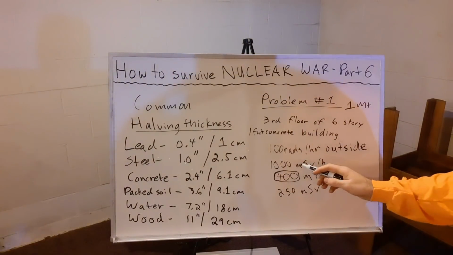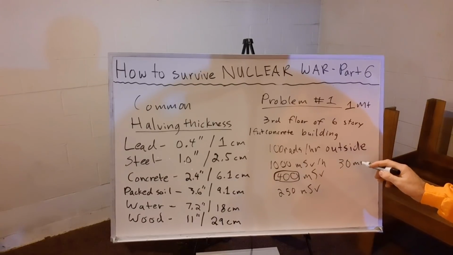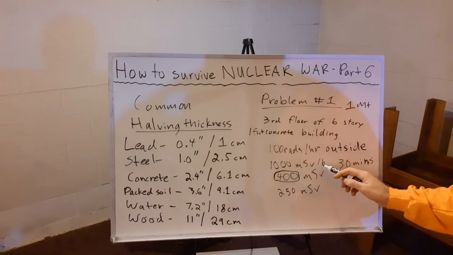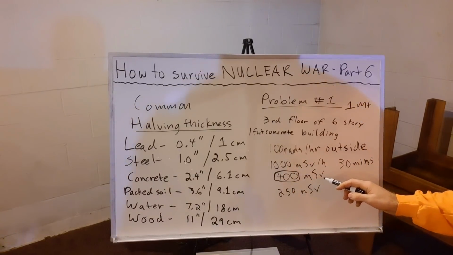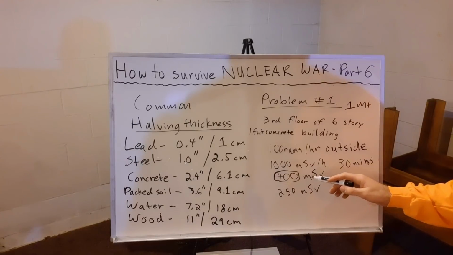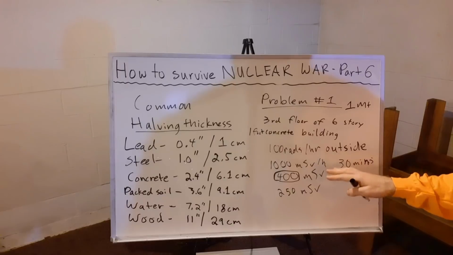After about 30 minutes outside, we're going to get radiation sickness, because it's 1,000 millisieverts per hour, and it only takes 400 millisieverts to get radiation sickness. So we have to do something here.